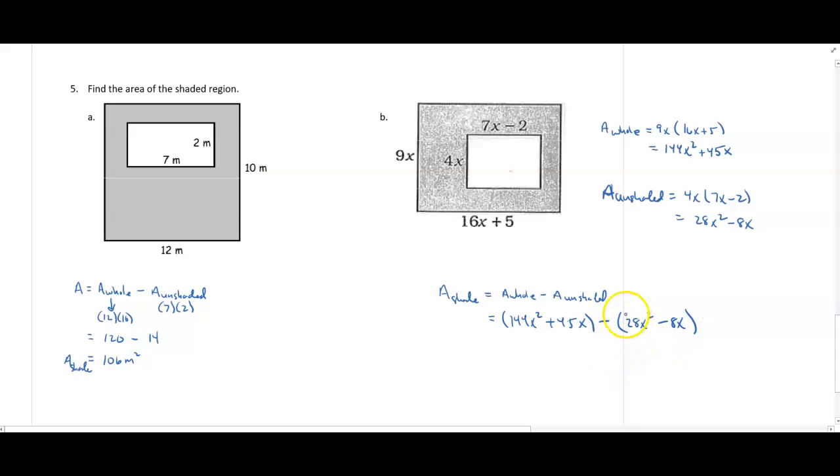One thing I want you to recognize, though, is when we subtract, we have to put this in parentheses. And when we go to simplify this, we are going to distribute the minus sign. So minus 28x squared, then that's going to be plus 8x. So in this case, 144x squared minus 28x squared is 116x squared. 45x plus 8x is plus 53x. And that would be the area of the shaded region.